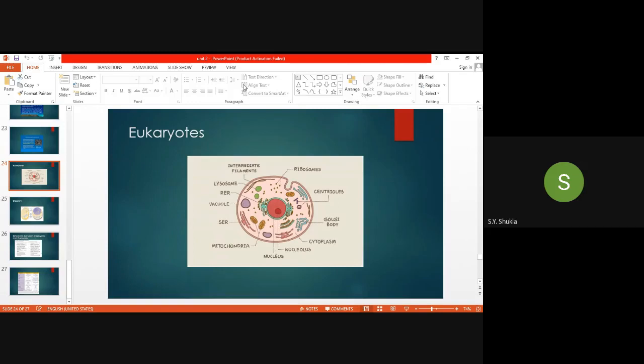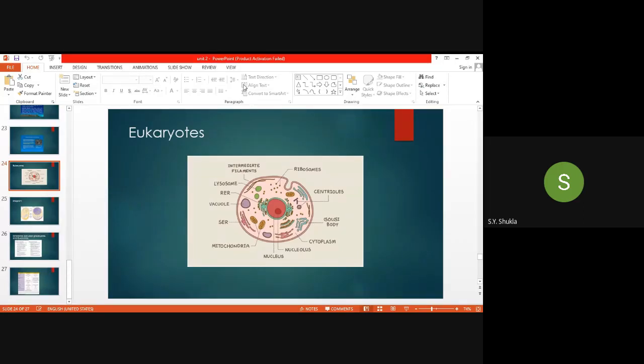Okay. Which type of ribosome is present in eukaryotes? In the prokaryote it is the 70S type of ribosome that is present, and in the eukaryote it is the 80S type of ribosome. 80S has a larger subunit of 60S and a smaller subunit of 40S.